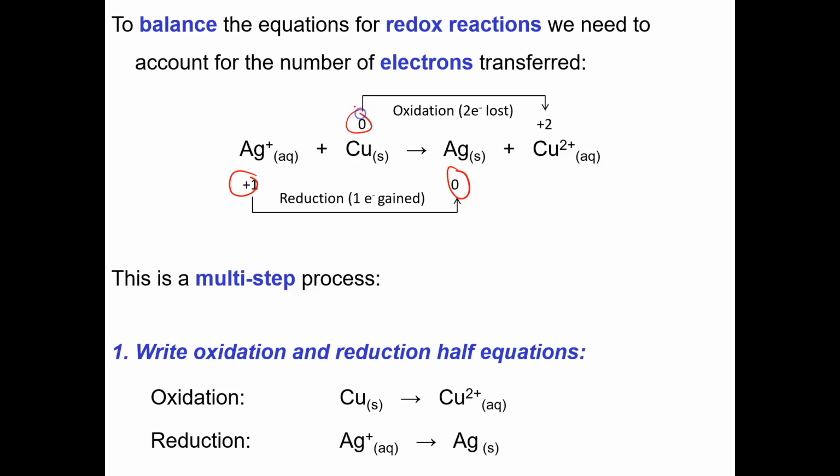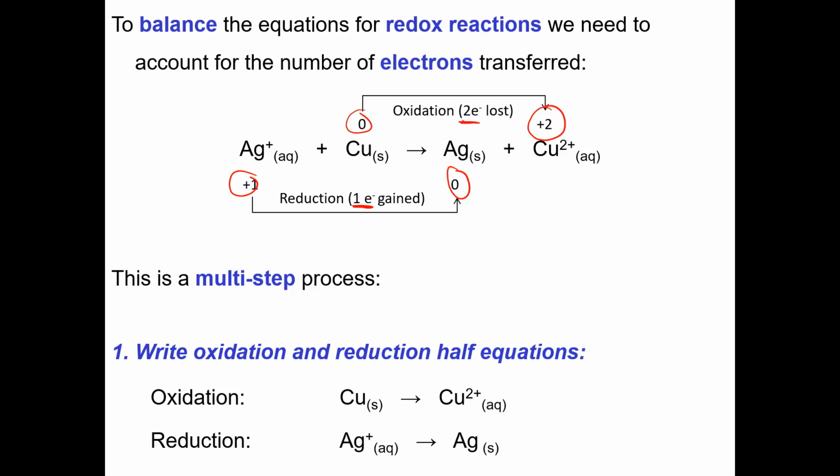Elemental copper has an oxidation number of 0, but copper 2 plus ions will have an oxidation number of +2. So the change in oxidation number of the silver indicates that 1 electron is being gained, whereas the change in oxidation number of the copper indicates that 2 electrons are being lost.